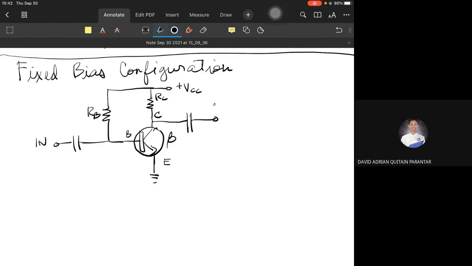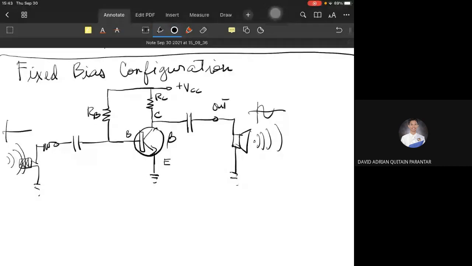Let's say we connect a speaker at the output and a microphone at the input. The microphone input is an AC signal from the person's voice, and the output is sound waves, also an AC signal, alternating current.